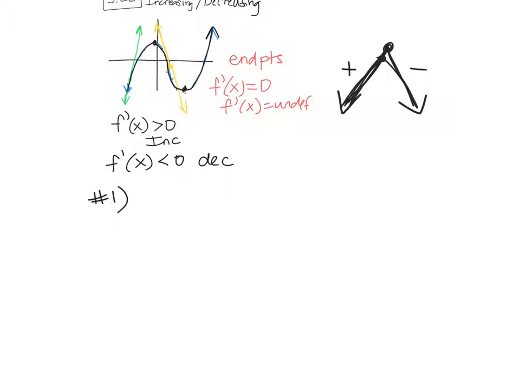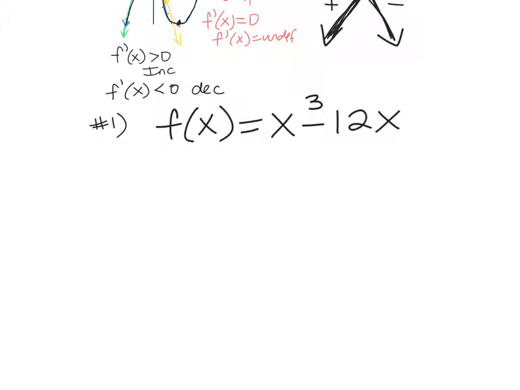All right, so let's look at the behavior of this graph right here. I think this is one of the ones that was on your quiz. f of x equals x cubed minus 12x. And so what we're going to do for this is analyze the behavior of this graph.